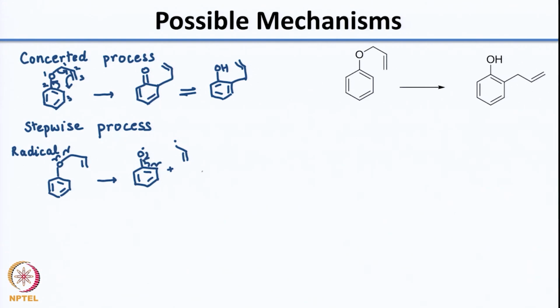You can think of the resonance structure for this, where again nothing is happening to this. So, I have this double bond O, I am generating this radical, and this can combine with the allyl radical.